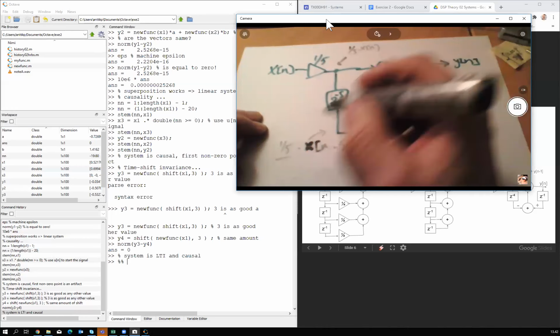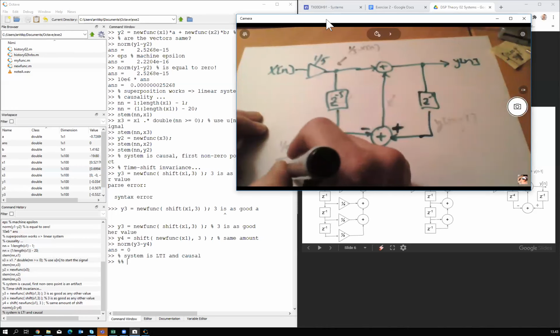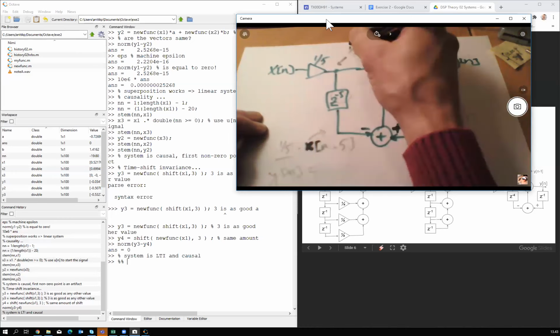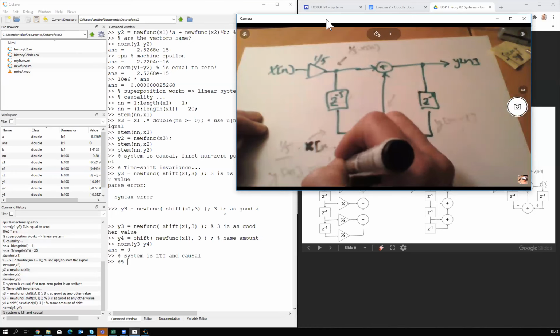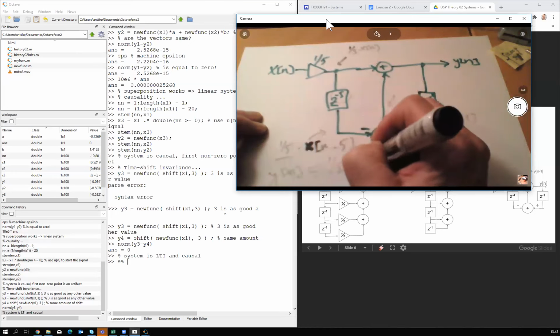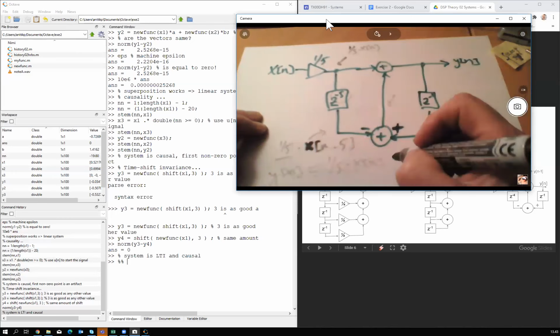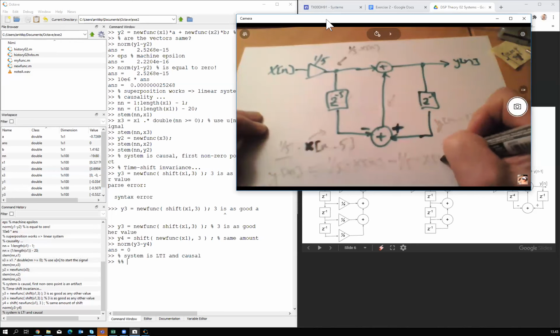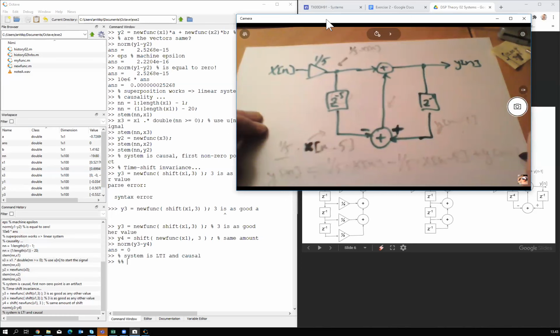And at that point, y of n equals 1 over 5 times x of n, that comes from here, minus 1 over 5 times x of n minus 5, plus y of n minus 1.